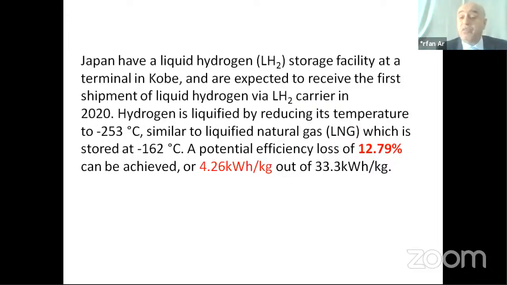A potential efficiency loss of 12.79% can be expected, or 4.26 kilowatt hour per kilogram out of 33.3 kilowatt hour per kilogram of hydrogen.